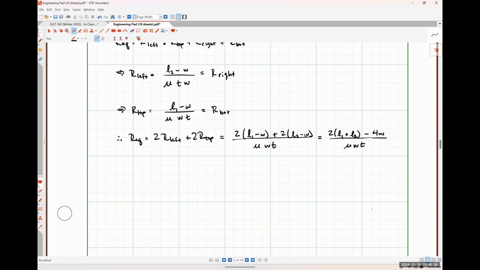So just for the sake of argument for this particular shape, let's say we wanted to know what our flux is.